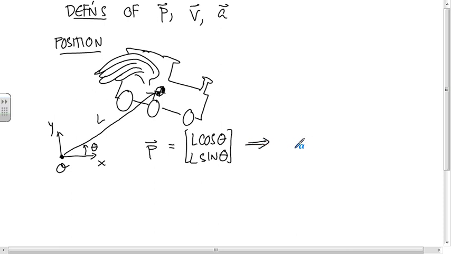So in other words, the x component of the position would be L times the cosine of theta, and the y component would be L times the sine of theta.